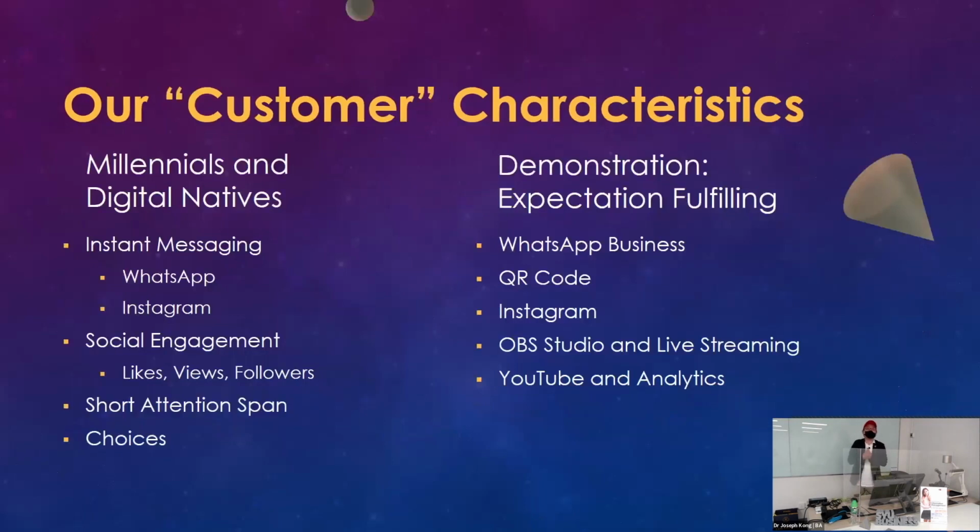We try to understand our customer, our student nowadays, what they like and what they like to do in their leisure time. Very likely, they like to communicate with each other using apps like instant messaging. Now, some students actually send me messages on Instagram as well to negotiate something with me.